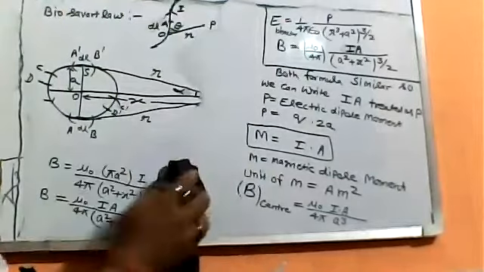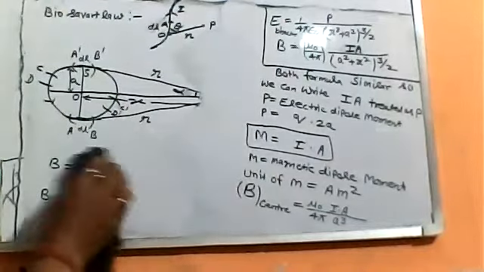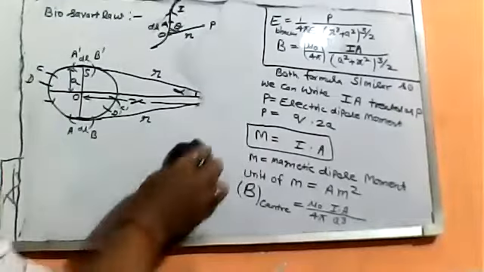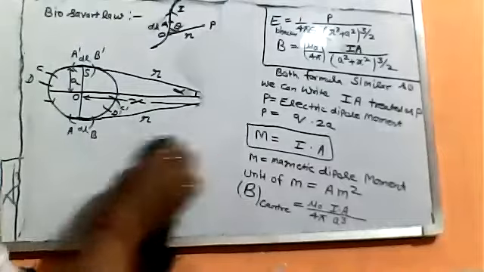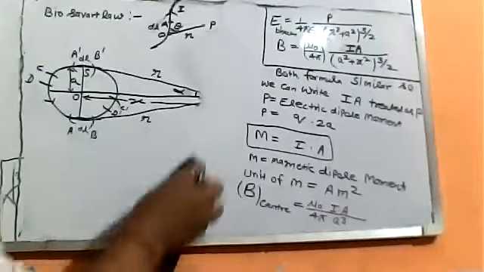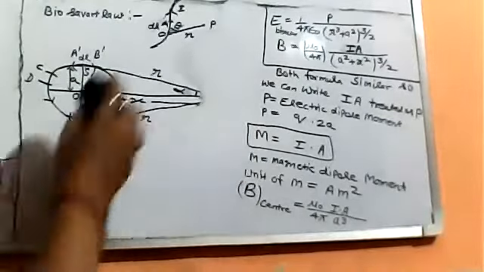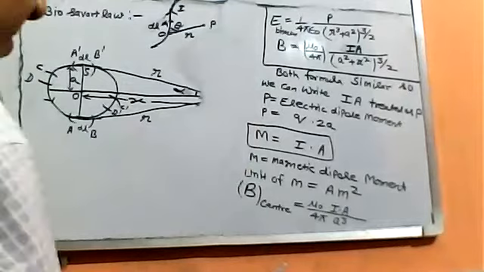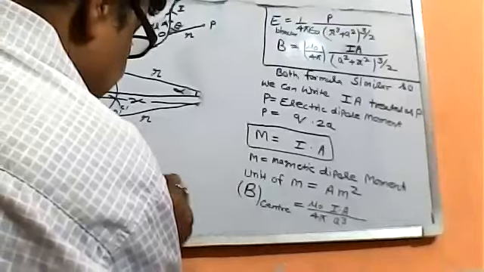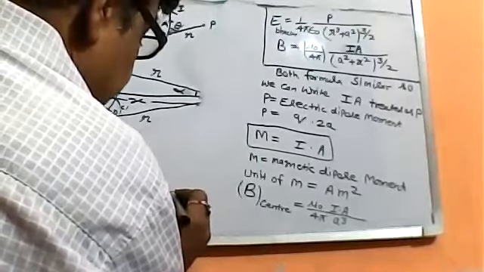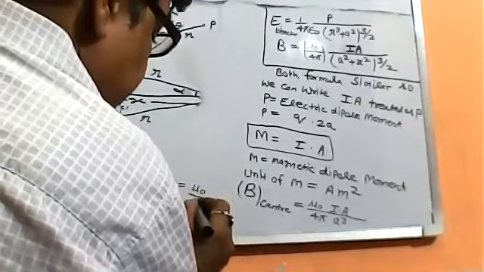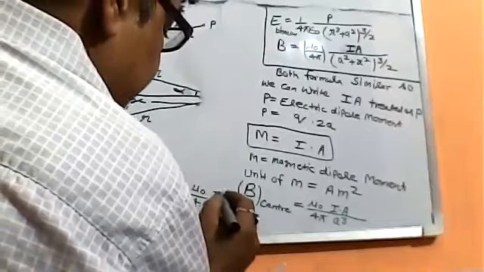So what will be the final formula for B center? After cutting, tell me the final formula. You will put the area equal to pi A square, and after that, B center equals mu naught upon 4 pi, into 2 I by A... I by A.